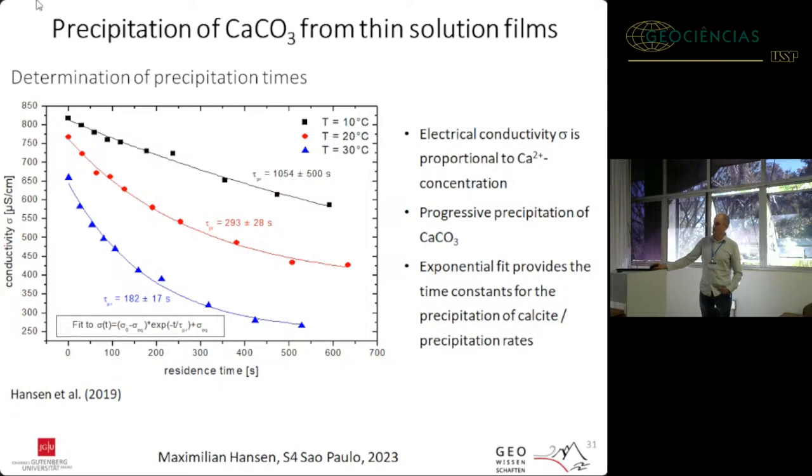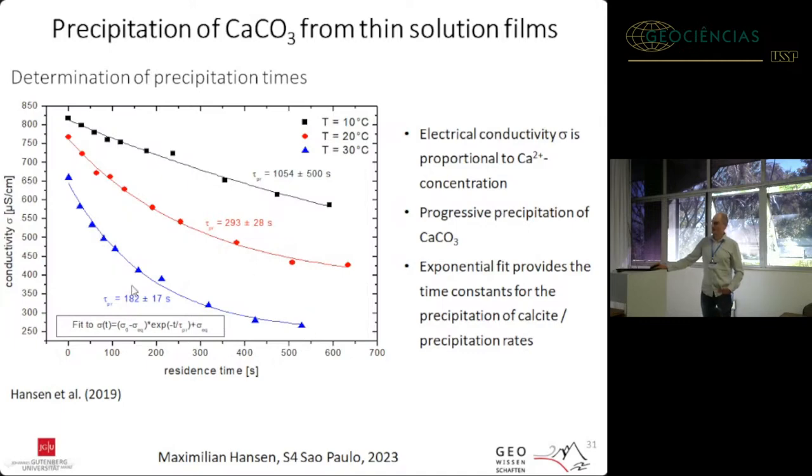So this is the conductivity value, and since the calcium is the only charged ion in the solution, you can recalculate the calcium concentration in the solution. And if you plot that against the residence time, you get an exponential decrease of the remaining calcium in the solution.